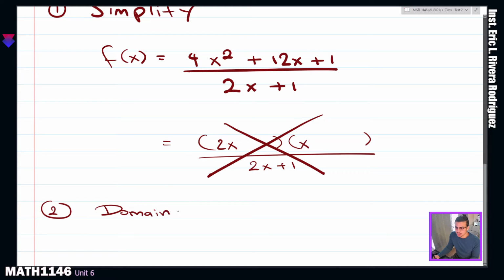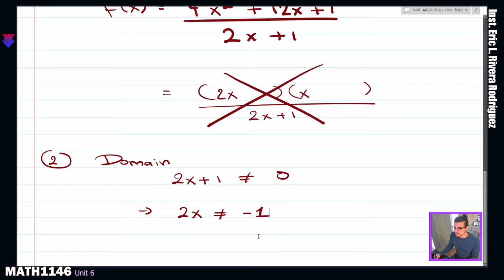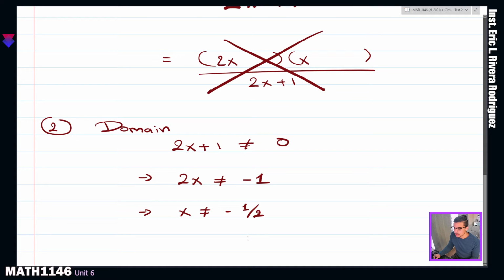Next step would be to identify the domain. We take the denominator not equal to 0, and we solve. x is not equal to -1/2.